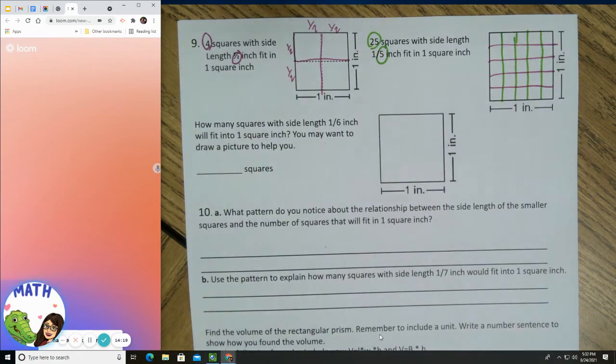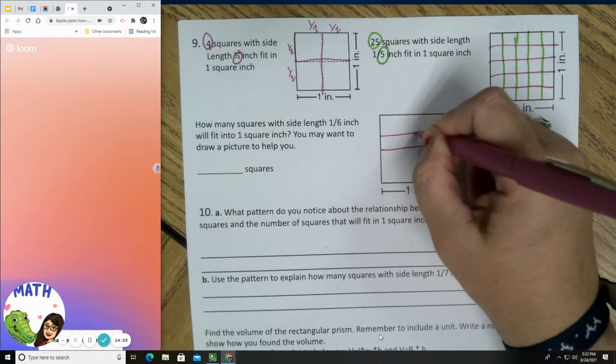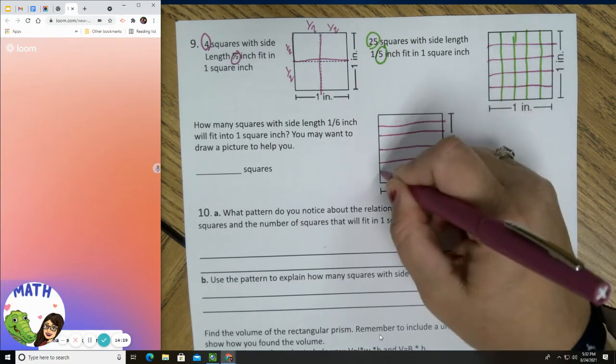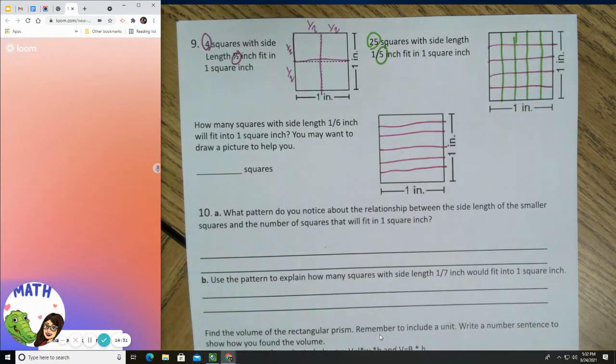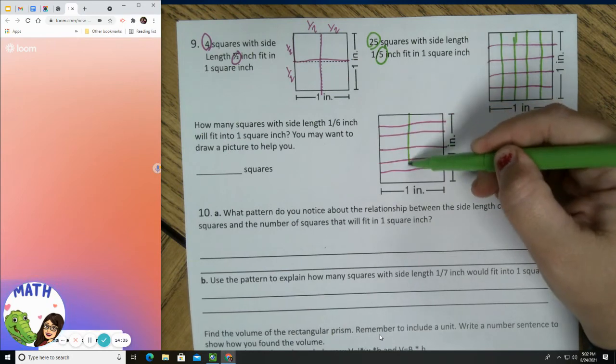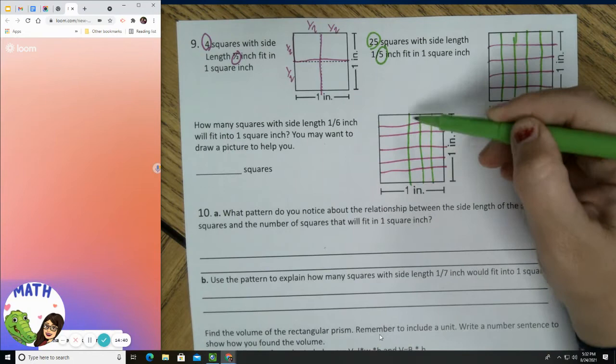But I'm going to do the picture just to check. So I'm going to start by separating this into sixths. I'm not a perfect artist, so bear with me. Yes, there are 6 rows, right? I'm going to do the same thing here. I'm going to cut it in half, and then I'm going to cut each half into thirds. That's how you can cut it into sixths.